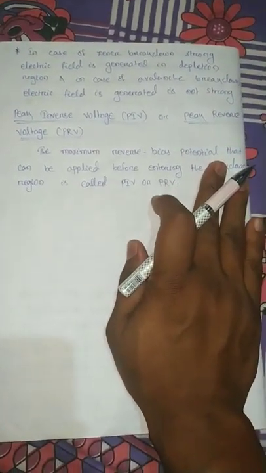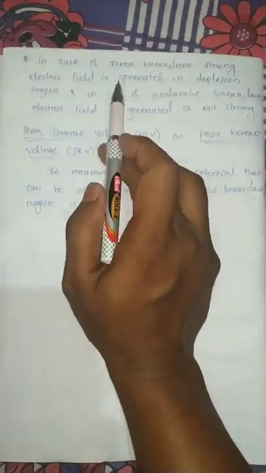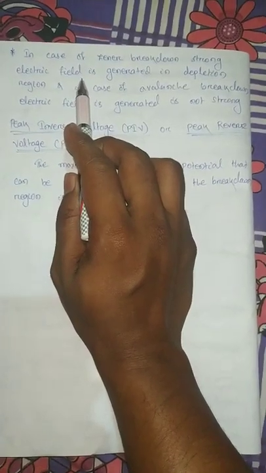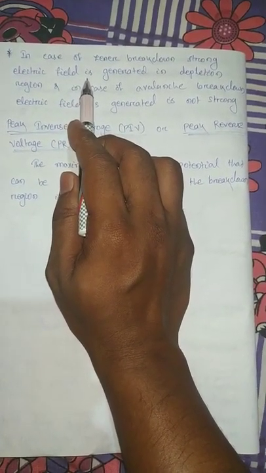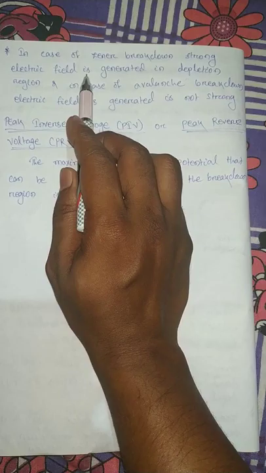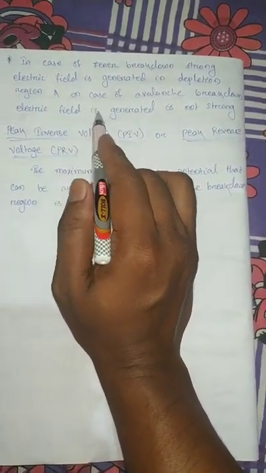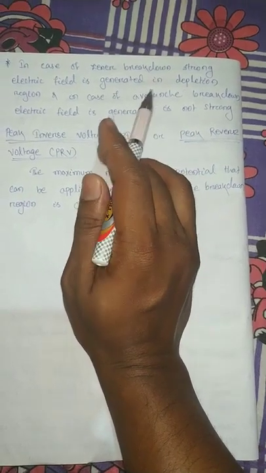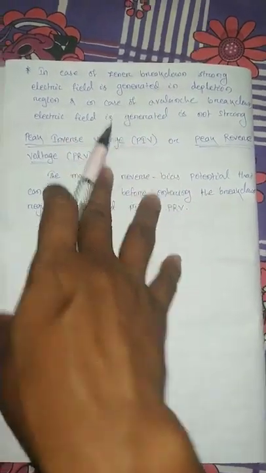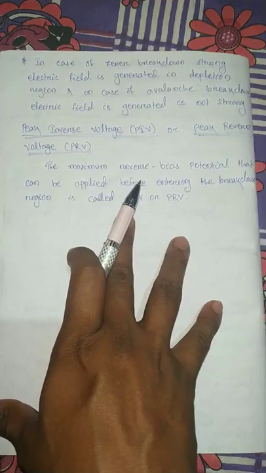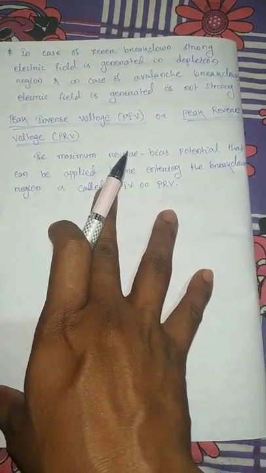In the case of Zener breakdown, a strong electric field is generated, but in the case of avalanche breakdown, the electric field generated is not so strong. So these are some comparisons between avalanche breakdown and Zener breakdown.